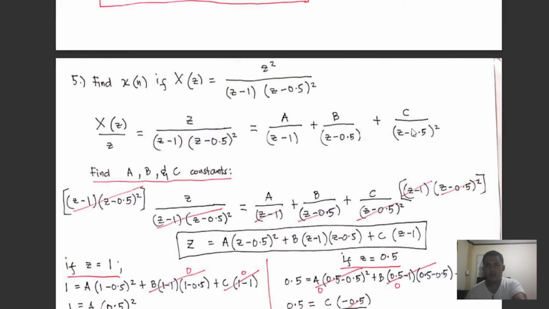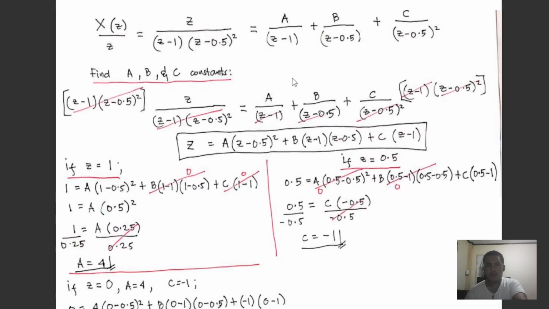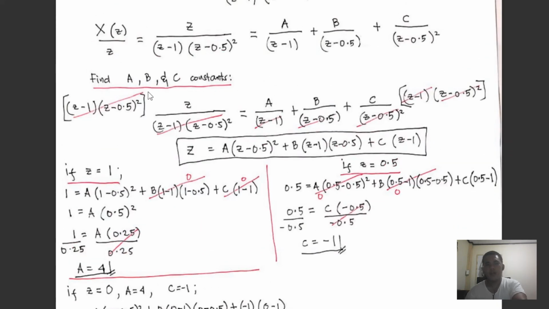So this is the partial fraction. The next step is to find the constants, which are a, b, and c. In order to find the constants, we need to multiply by this denominator so that we can cancel or remove this denominator, so in order to get this equation, which is z equals a quantity of z minus 0.5 raised to the power of 2 plus b the quantity of z minus 1 multiplied by z minus 0.5 plus c the quantity of z minus 1.